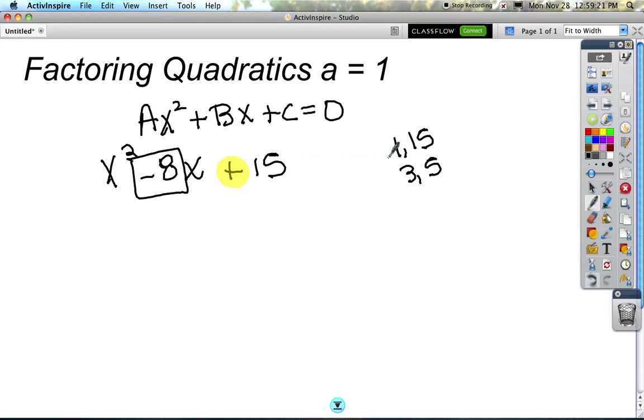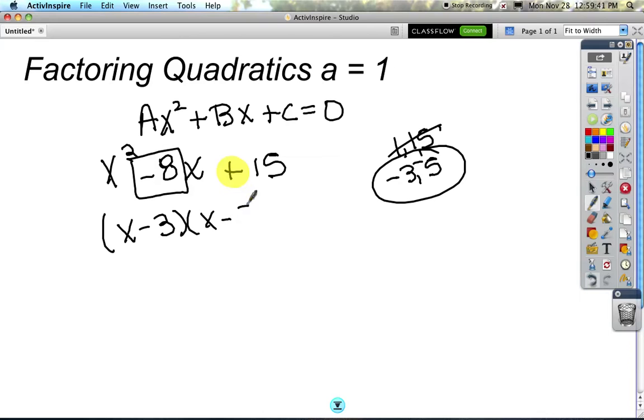Well, that adds to 16. This adds to 8. But what do the signs have to be if I'm going to add to get a negative? Both of them have to be negative. Same sign sum. So x minus 3, x minus 5. Is this coming back to you? Yes. I hope so. You will use it until you quit taking math.